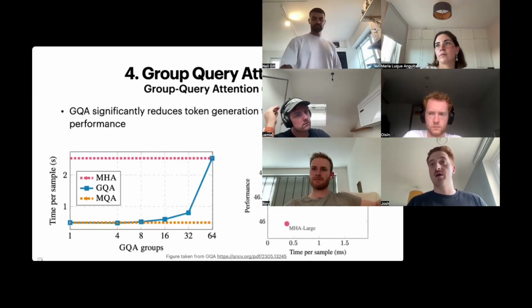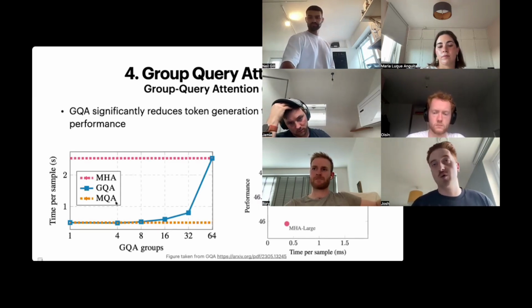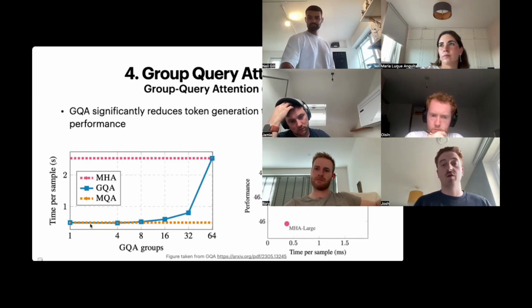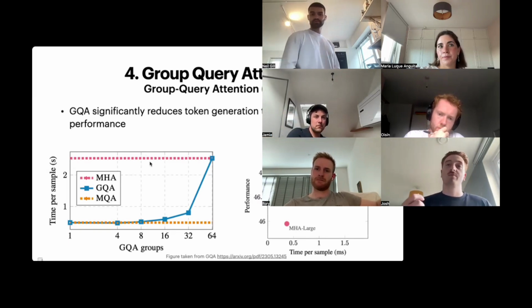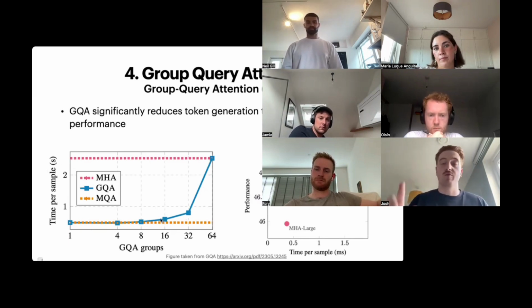Okay, so this is what it looks like. Multi-query attention is the yellow dotted line, where the time to generate samples is very fast. Then you have multi-head attention up here, where the time to generate samples is much higher. The blue line is an interpolation where you tweak the number of groups.